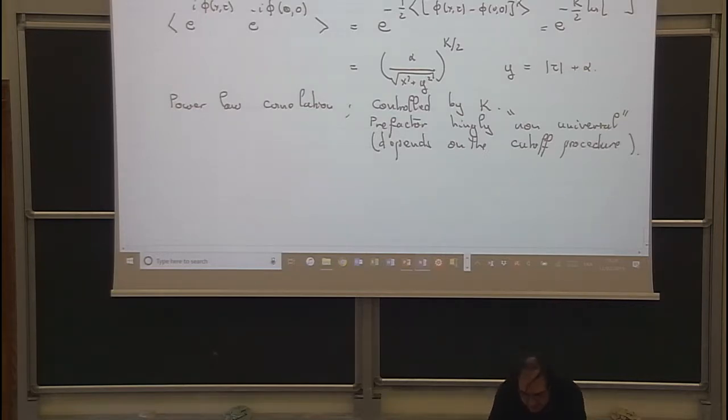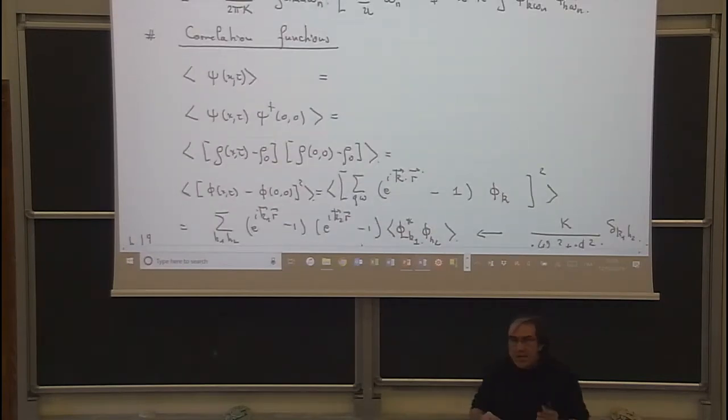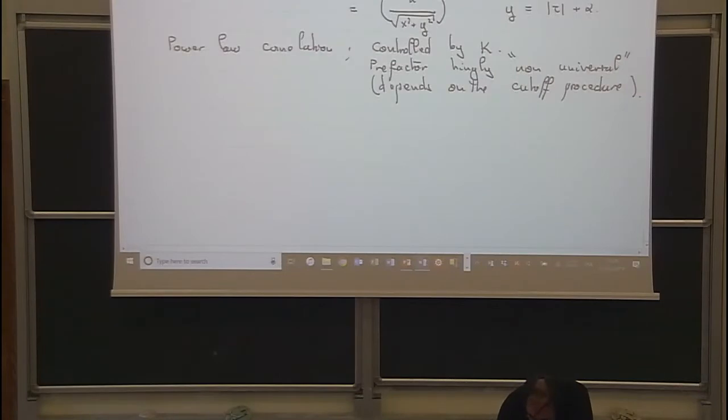Okay, and now I'm ready to give you the correlation functions. So let's start with the density-density correlation, which is perhaps the simplest to see. So you see that rho of x and tau minus rho 0 starts as 1 over pi grad phi. And then I have the higher harmonics. So again, I want to classify things a little bit.